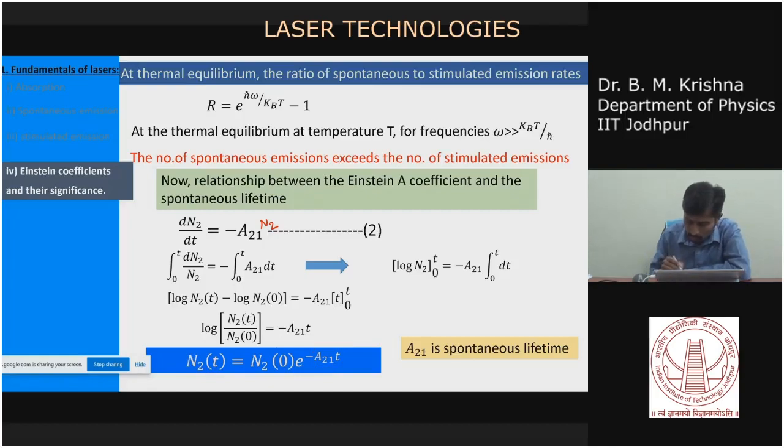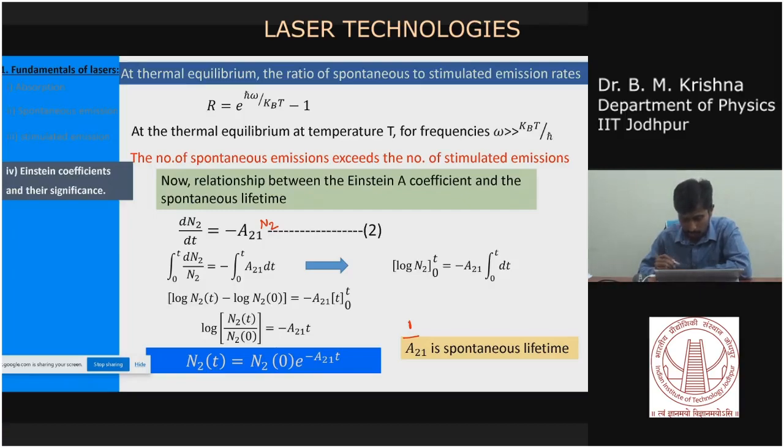So here 1 by A21 is your spontaneous lifetime. So Einstein was able to predict the lifetime of the excited states from this equation.